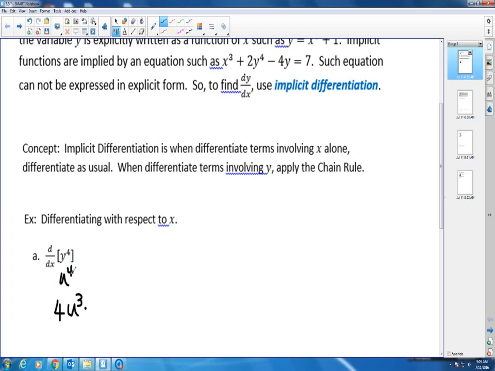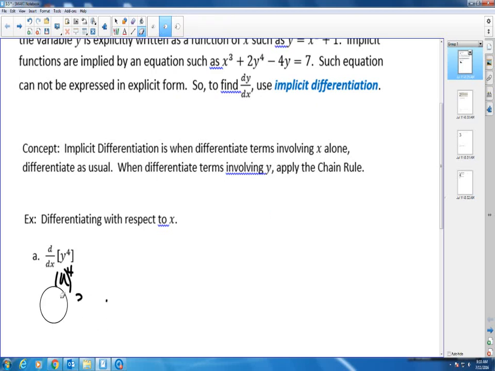Since I cannot take a derivative of the inside, we will just write it as y prime. Or in our case, I'm looking at it as a u, using the chain rule. The inside will just be u prime. This is the idea of differentiating with respect to x when my term does not have x in it: we use the chain rule.